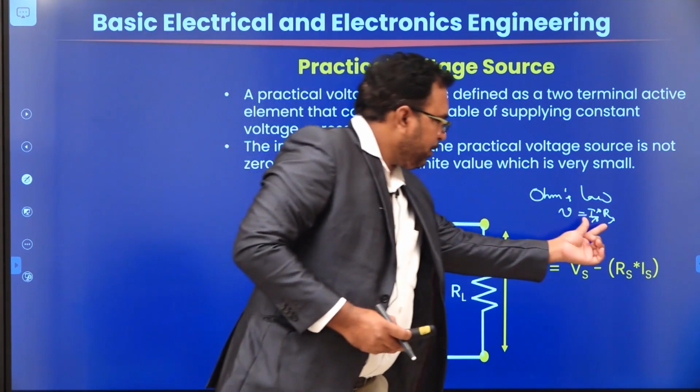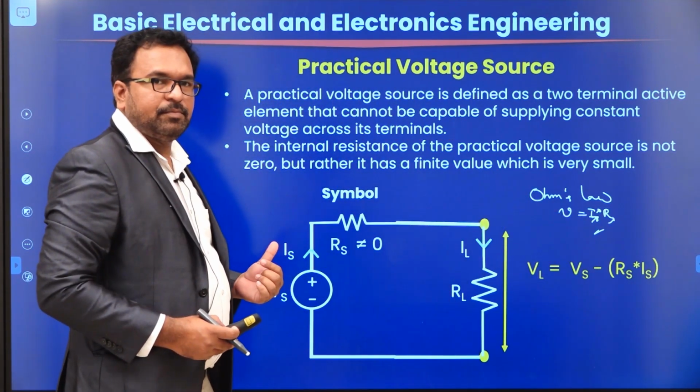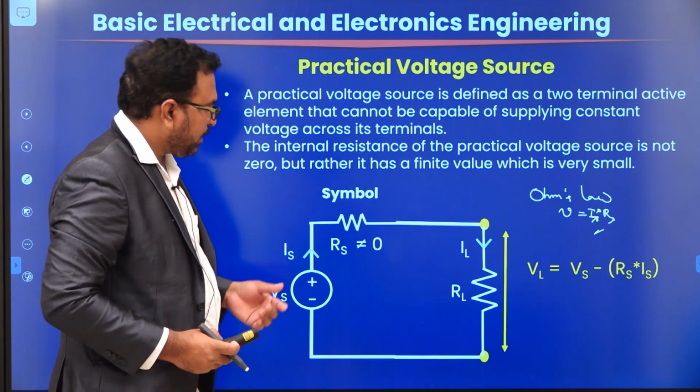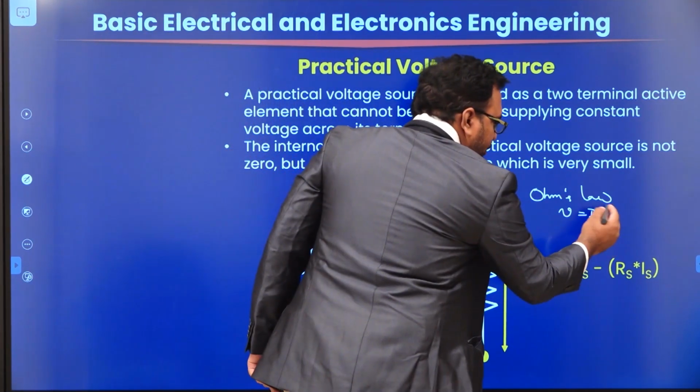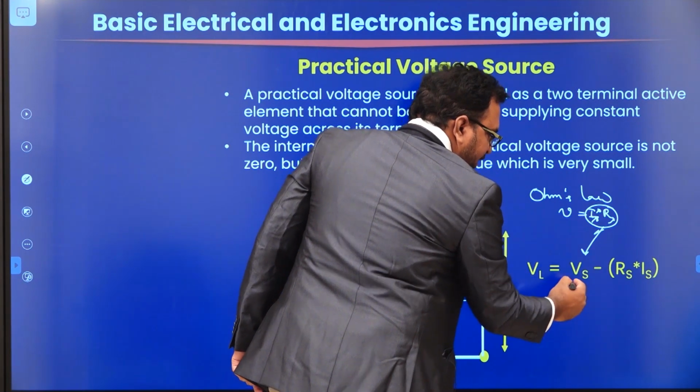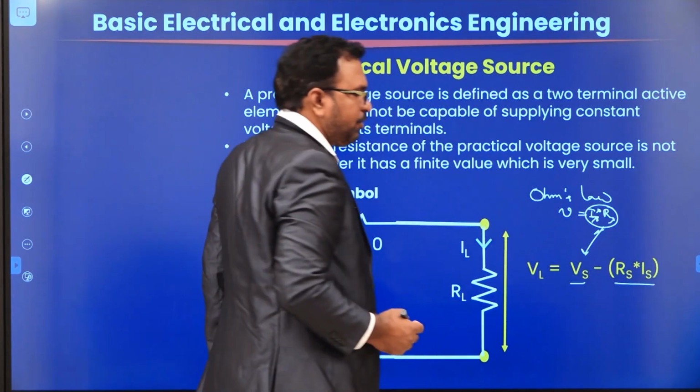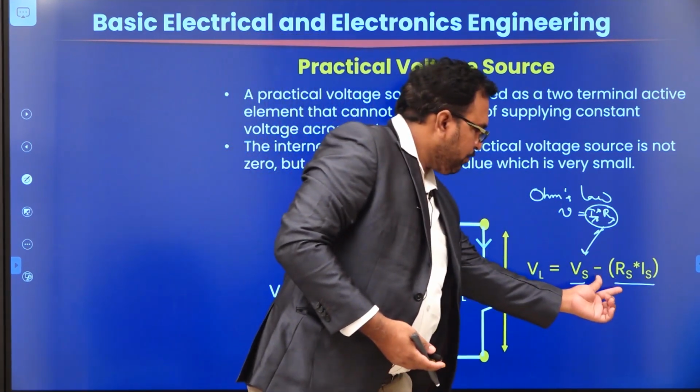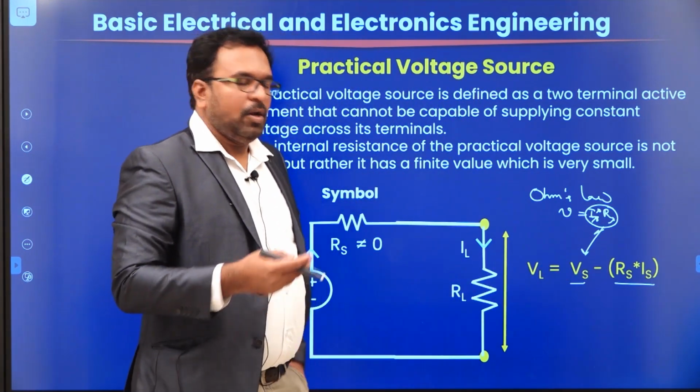This voltage is going to drop across the resistance. That's why we subtract this drop from the total voltage. So Vs minus Rs into Is. This much value is going to appear across the load resistance.